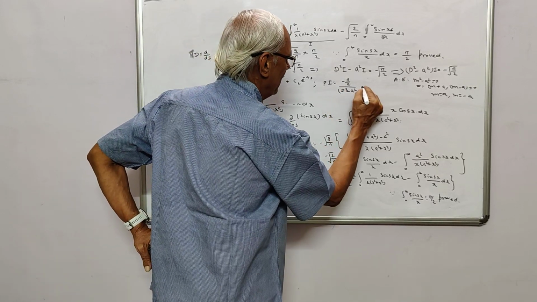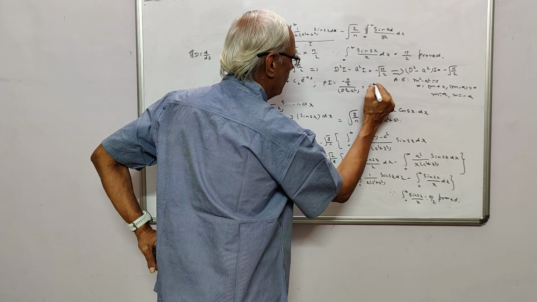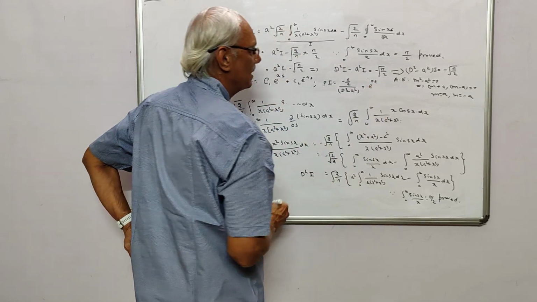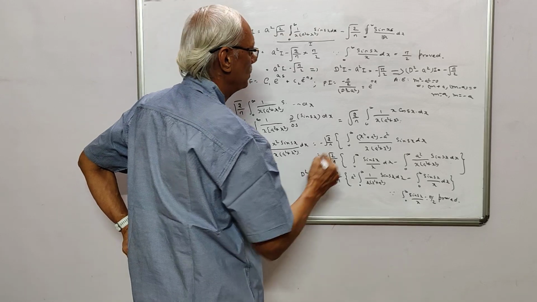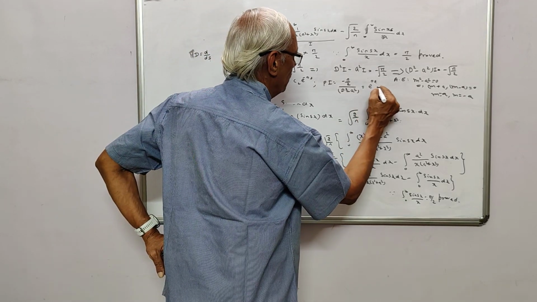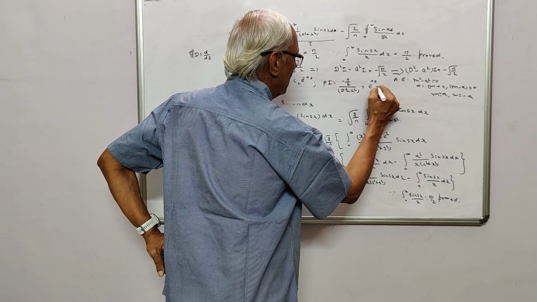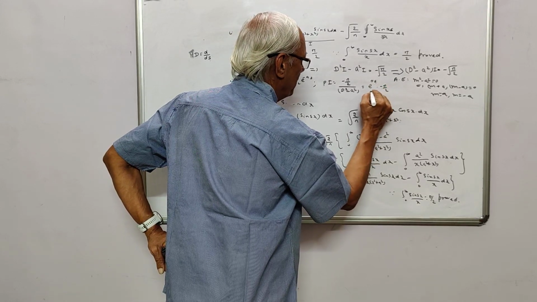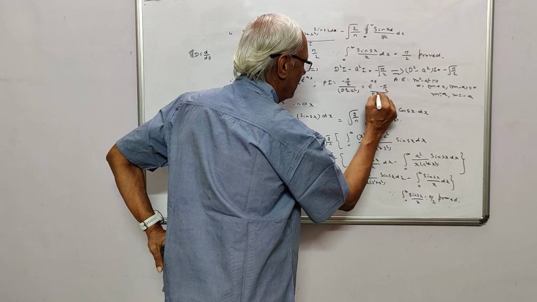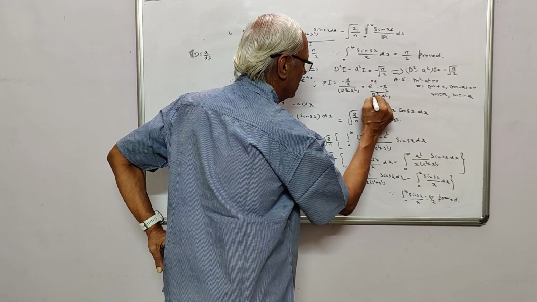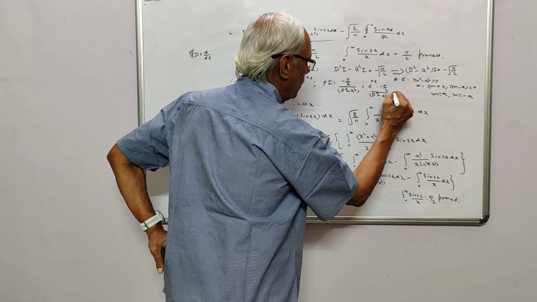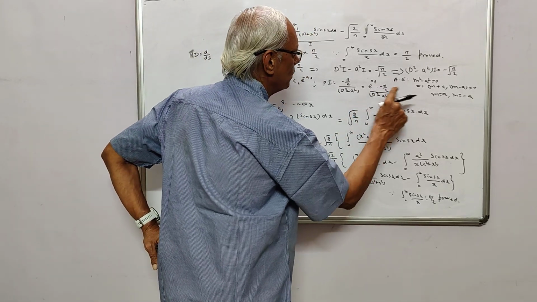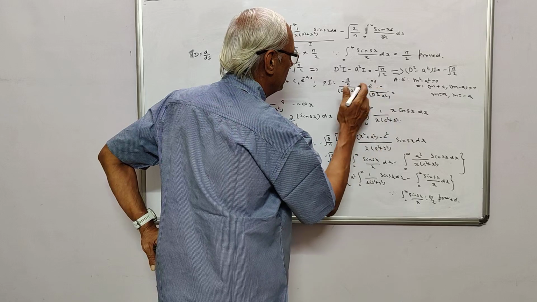So this can be written as e to the power of 0 s into minus pi by 2 divided by D squared minus a squared. So what is the integration of this?